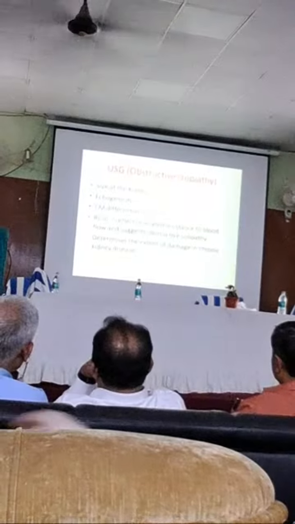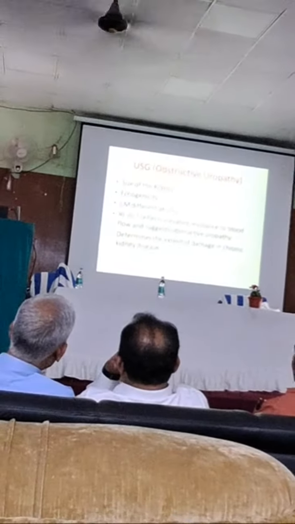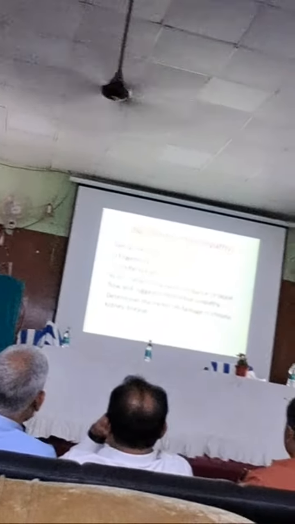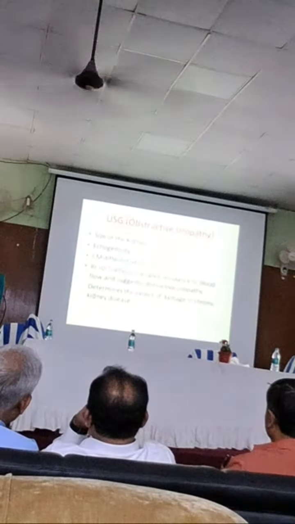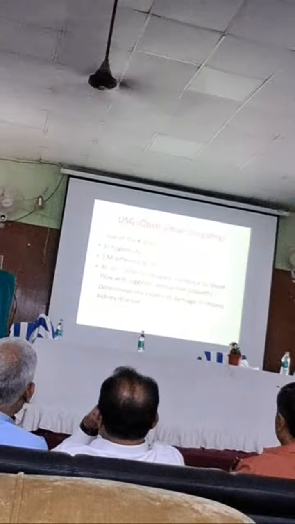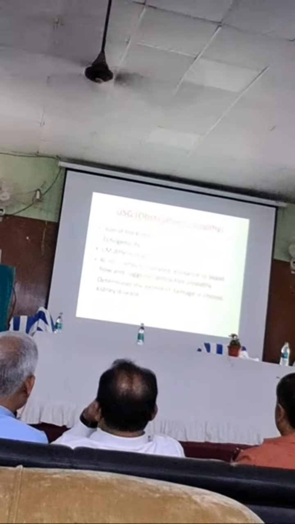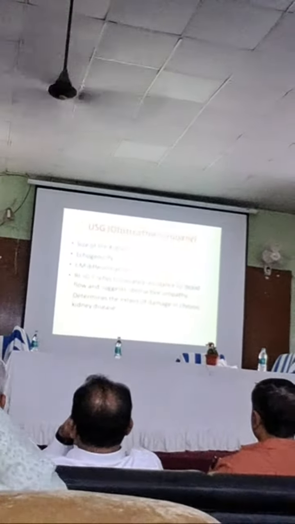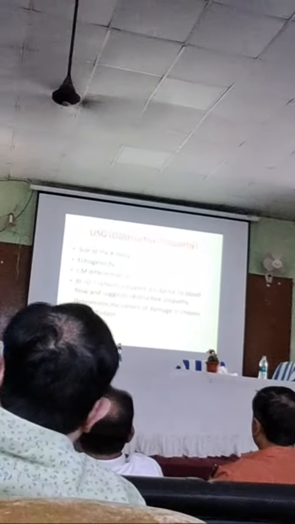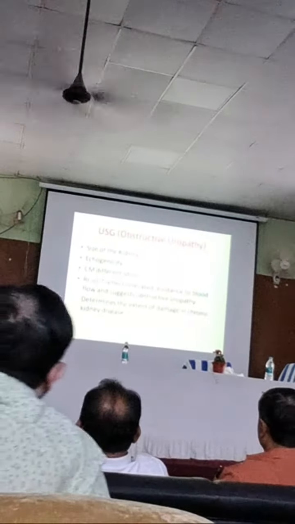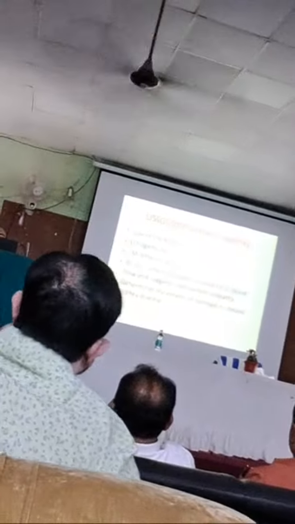So if the resistive index is more than 0.7, the patient has obstructive nephropathy. So by that and the resistive index, we can diagnose chronic kidney disease, that is the renal failure patient, by ultrasound.